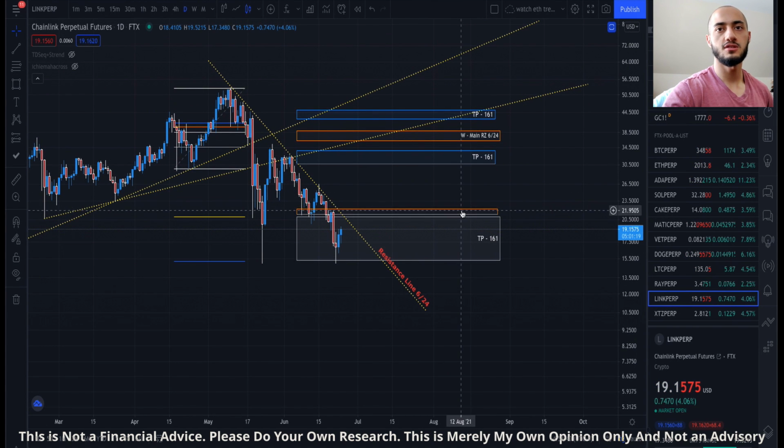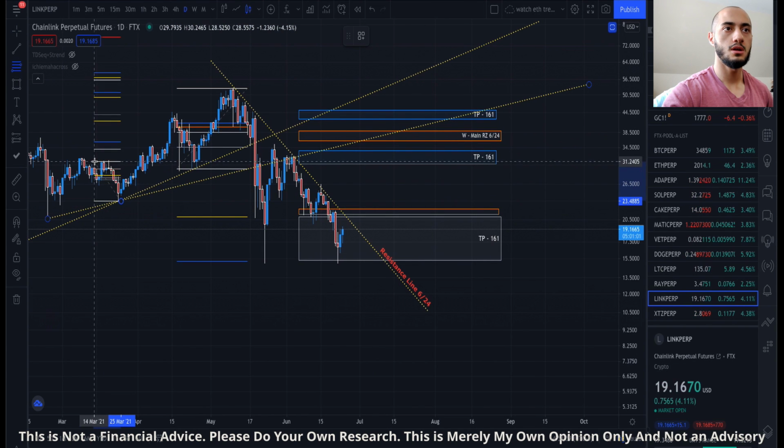So we need to break this rebound zone, resistance zone. I call it the rebound zone, in order to go to a higher high, to go to the 161 target. Okay.